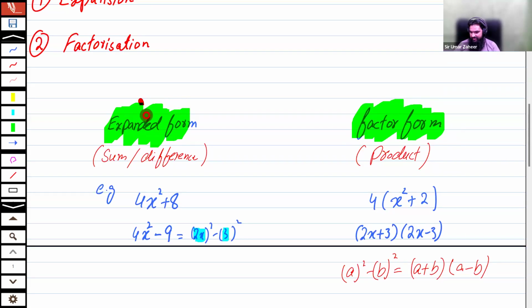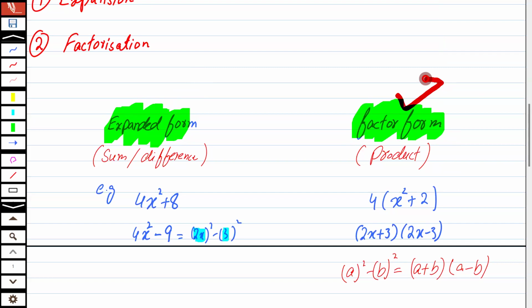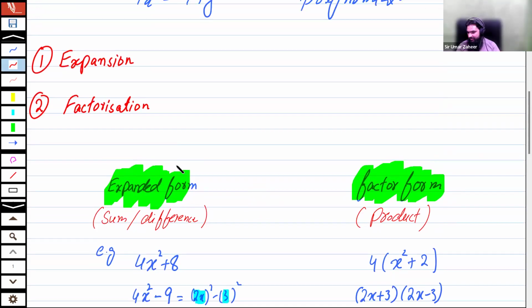Does anyone have a question? What does it mean by the expanded form or factor form? Now, converting from the expanded form to the factor form is known as factorization.